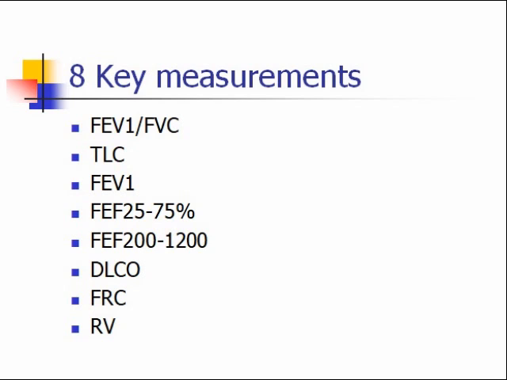FEV1 to FVC, total lung capacity, FEV1, FEF 25-75, FEF 200 to 1200, DLCO, FRC, and residual volume, RV. If you look at these 8 measurements and know what you're supposed to be looking at, your interpretation will be dead on.